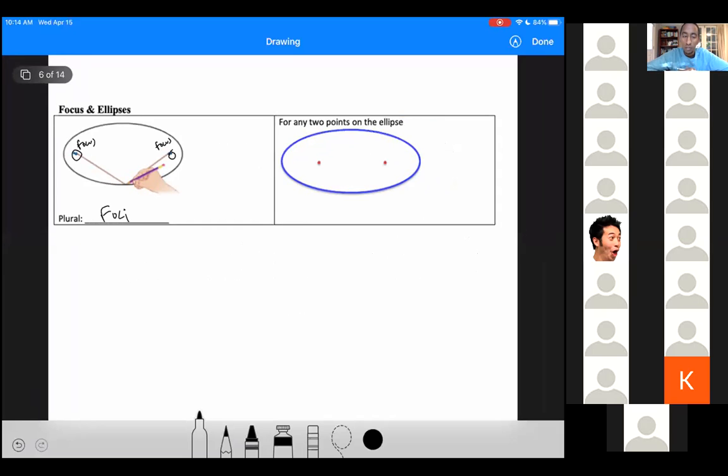So every ellipse has 2 foci that are a part of the ellipse. You could say it's similar to the center of the circle, in that every point on the outside of the ellipse relates to those 2 foci.